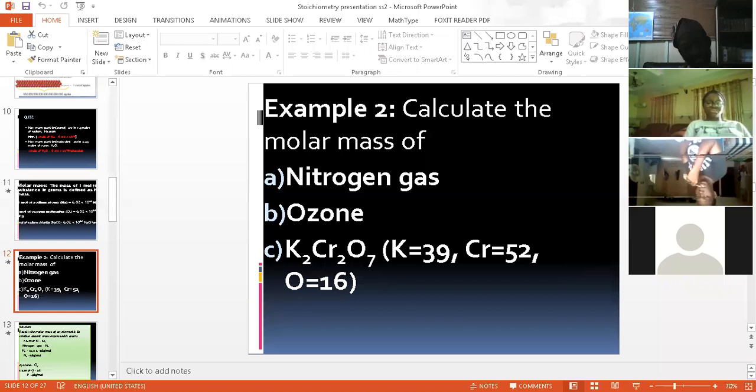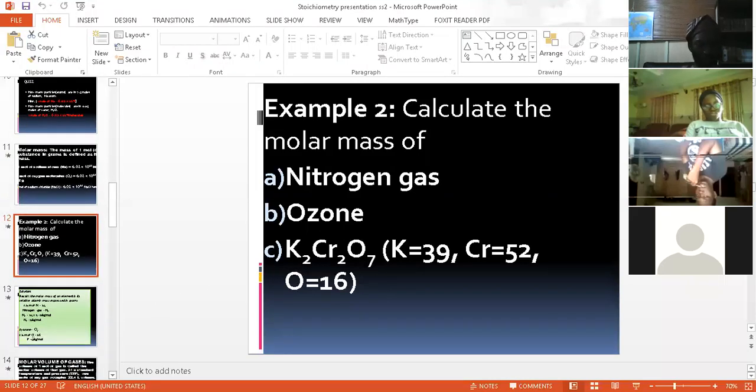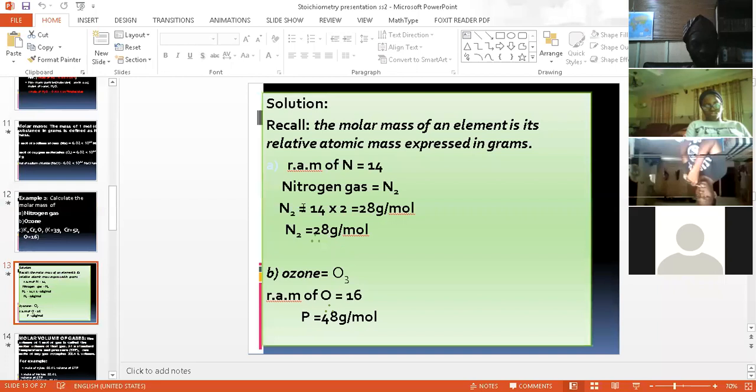For K2Cr2O7, this is the formula, and you have been given the atomic masses. To get the molar mass, it's very easy. The molar mass is the mass of 1 mole of nitrogen gas, ozone, and potassium dichromate. So this is the solution to the example.